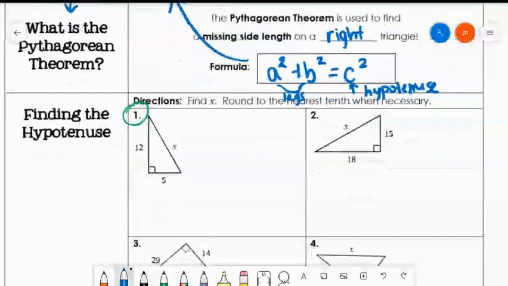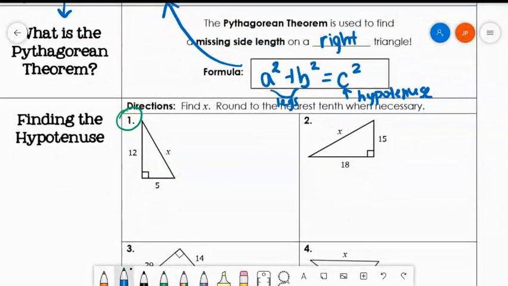So I'm just going to do a couple problems with you, and hopefully you'll catch on. If they're giving me a problem where I have to find the hypotenuse, this is how we're going to do it. The first thing I want you to do is identify what that hypotenuse is and put a C on it. In this question, they already told us that where the X is, C is going to be.